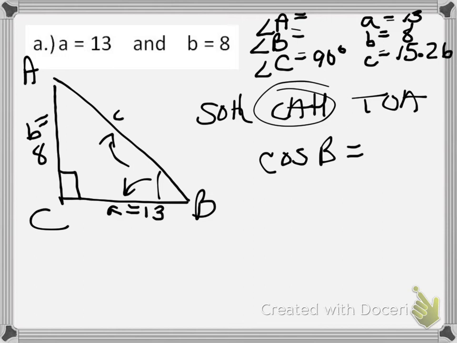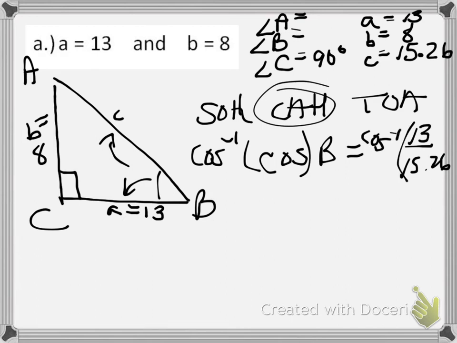And so that means that it is going to be 13 over 15.26. But I want to get rid of the cosine, so I'm going to take the inverse cosine. Whatever I do to one side, I need to do to the other side. And I plugged that in my calculator, and I got 31.58 degrees.